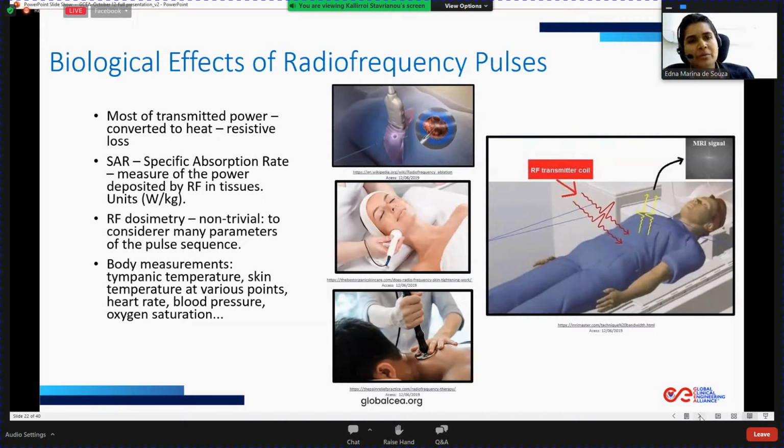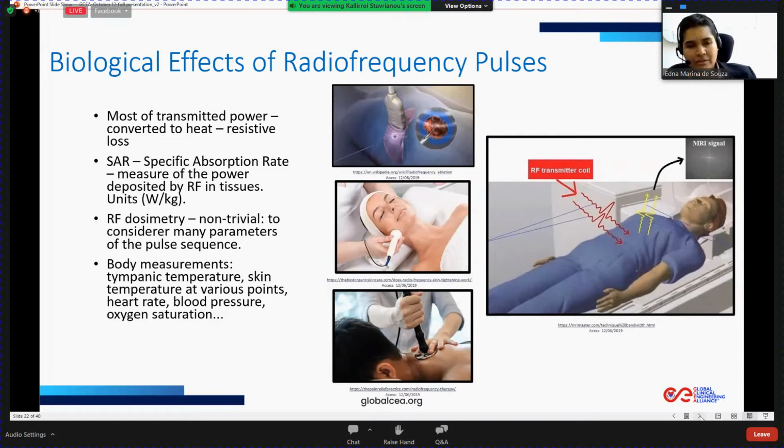Radio frequency pulses have many applications in medicine, for example, in tumor ablation, skin or brain treatments, and in MRI. Most of the effects of these pulses occur because of the molecular excitement caused and heating of tissues.